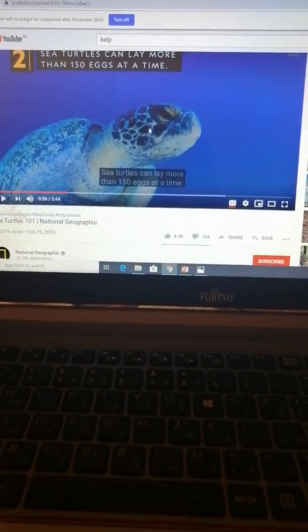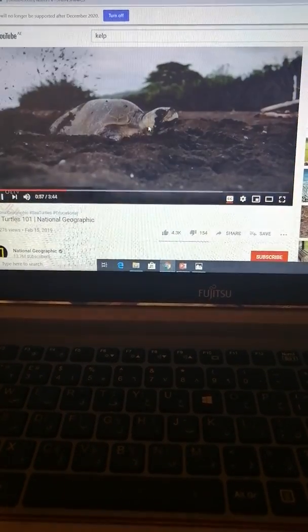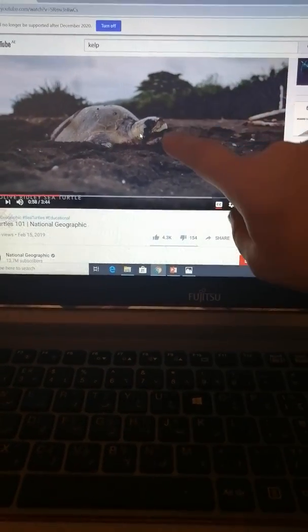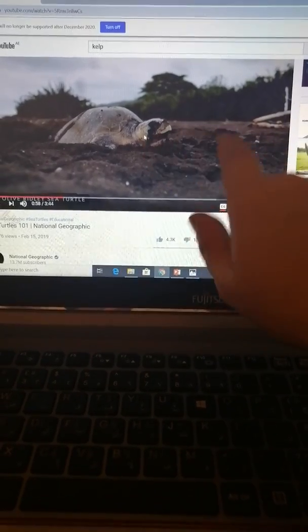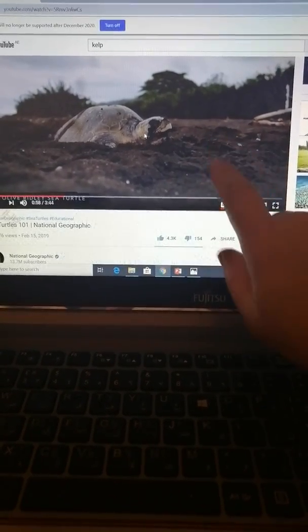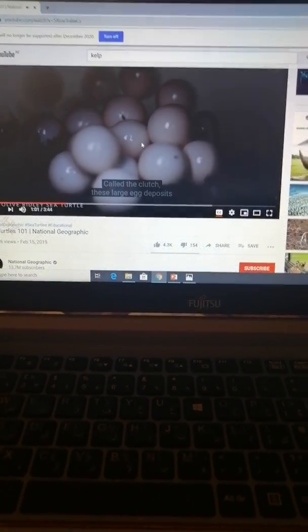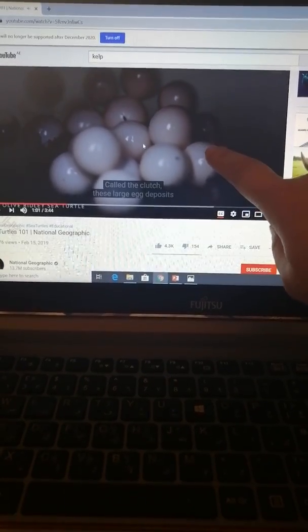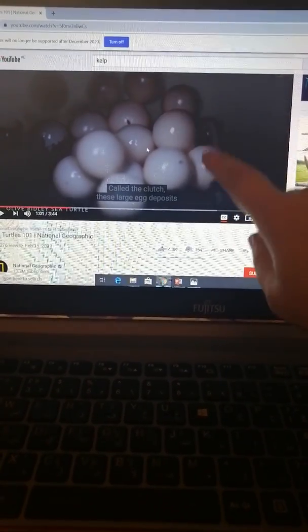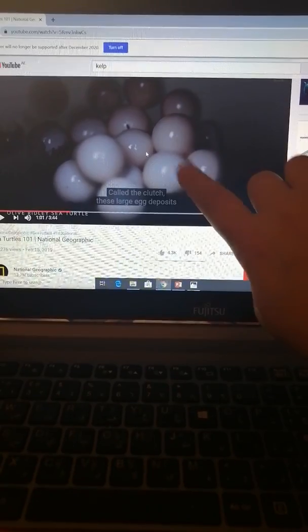Very good. Then, what's the turtle doing here? It digs into the sand. Why? To lay the eggs. So the turtle digs in the sand to lay eggs.